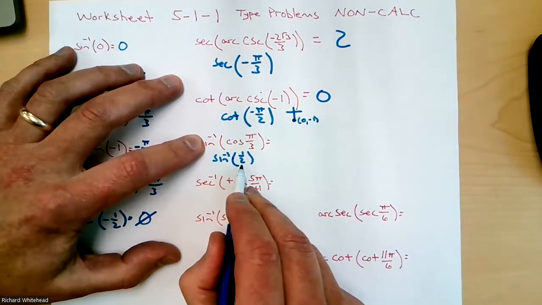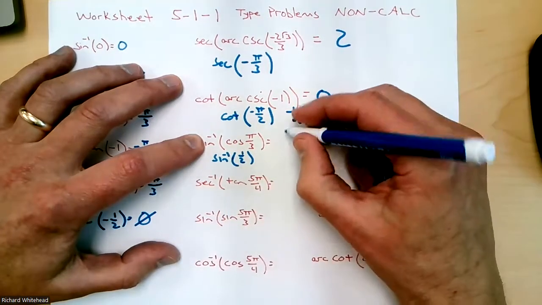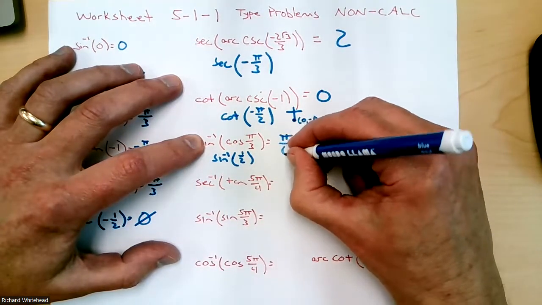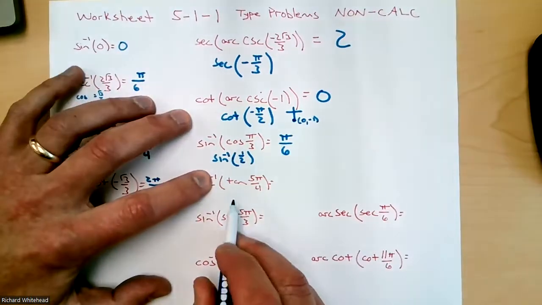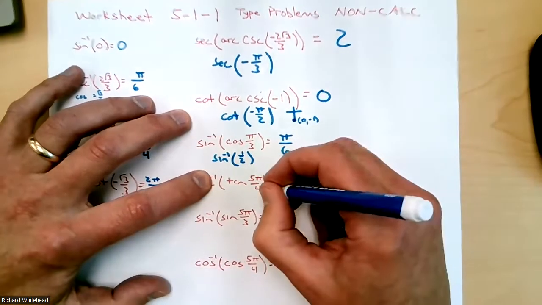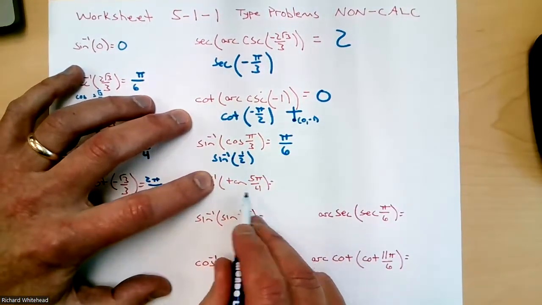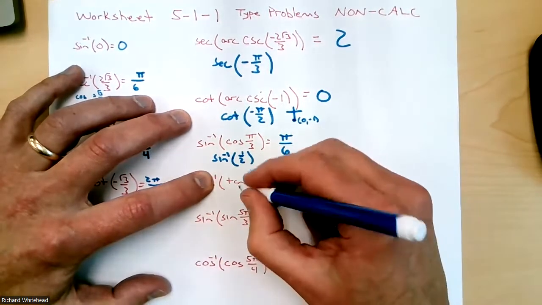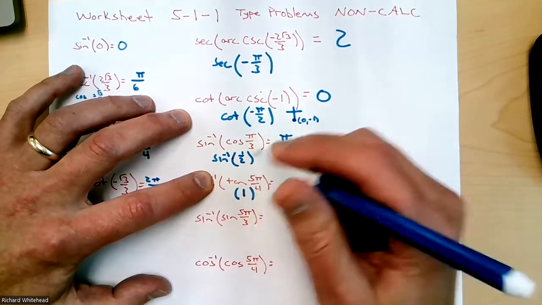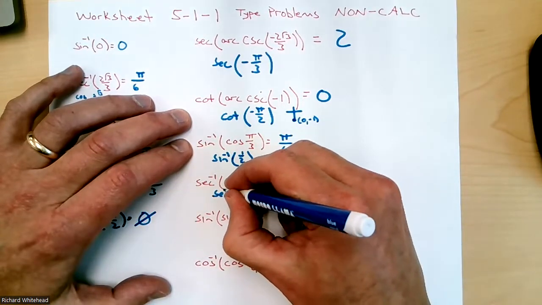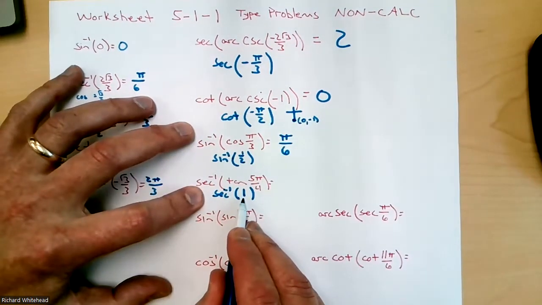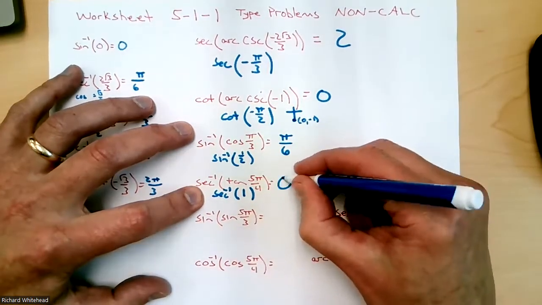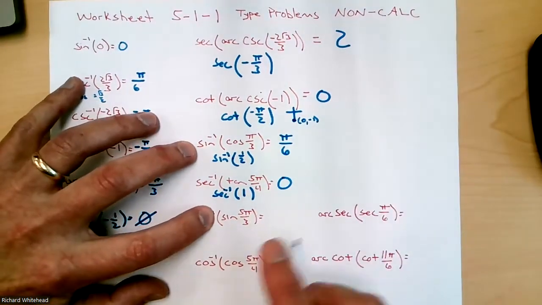What angle has a sine of 1/2? That's pi over 6. Next, tangent of 5 pi over 4. 5 pi over 4, what quadrant? Third quadrant. Pi over 4, so that would be positive 1. So what angle has a secant of 1? That's 0.